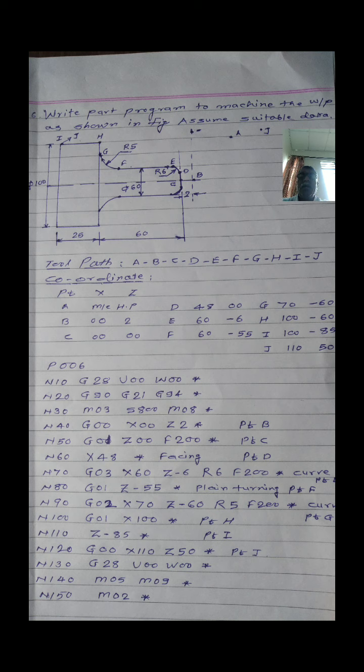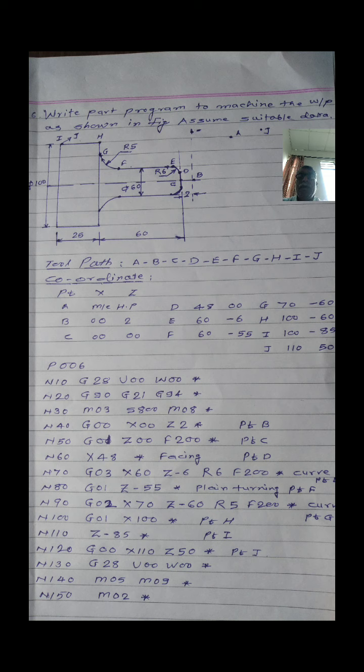Then to perform the facing operation, again you have to use the same code, that is G01 linear interpolation function. As it is a modal function, it is not necessary to write it in the next block, that is block number 60.